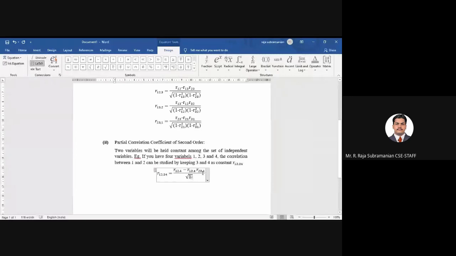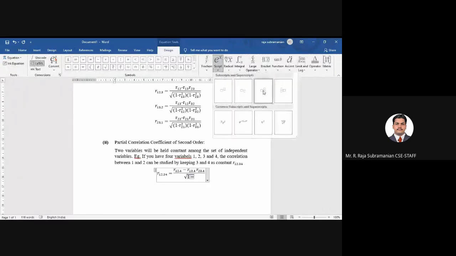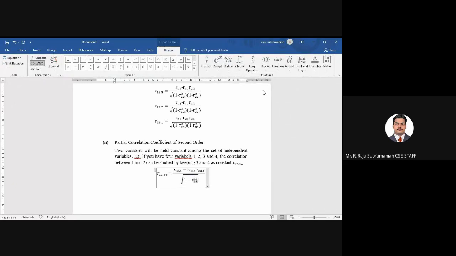R13 dot 4 whole square, into 1 minus, just copy this for using it again, here it is R23 dot 4.